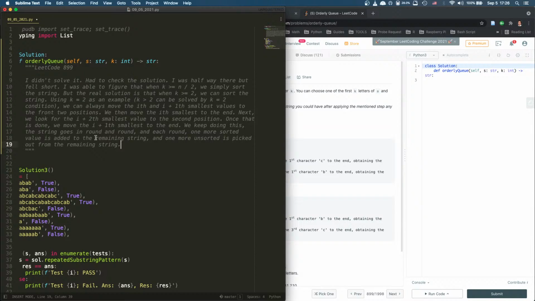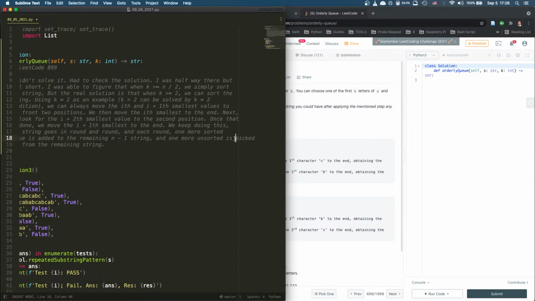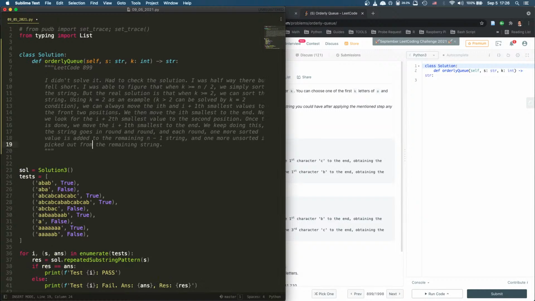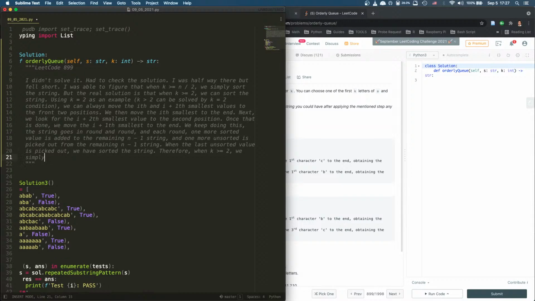Sorted value is added to the remaining n-1 string, and one is picked out from the remaining n-1 string. When the last unsorted value is picked out, we have sorted the string. Therefore, when k is larger than or equal to 2, we simply sort the string.